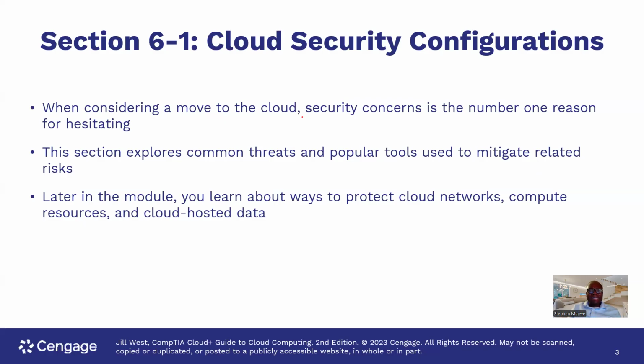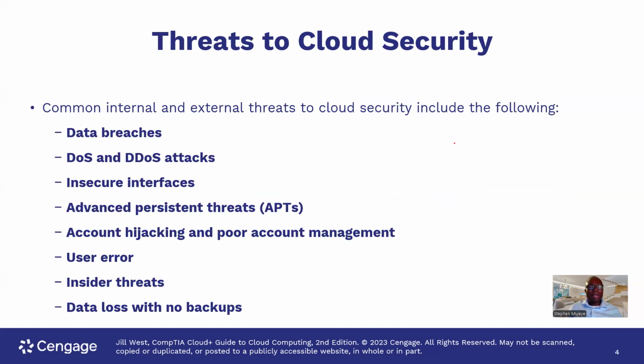As you can see, security is the number one reason why organizations hesitate to make that transition. And so in here, we are going to be talking about some of the popular tools that can be used to mitigate the risks associated with moving to the cloud.